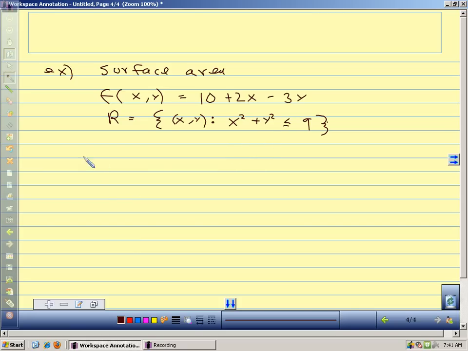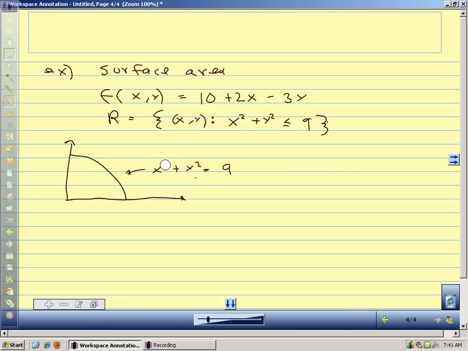So let's draw our region. These are just like our other integrals. I'm just going to draw a quarter of it. So there's our region in the xy plane, and this is a quarter of it. So how do we want to set up our integral based on this region?